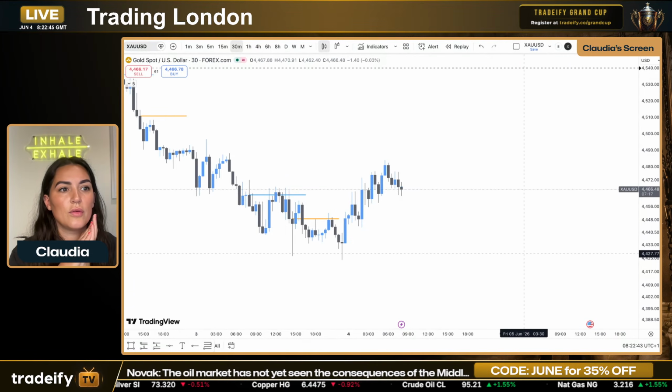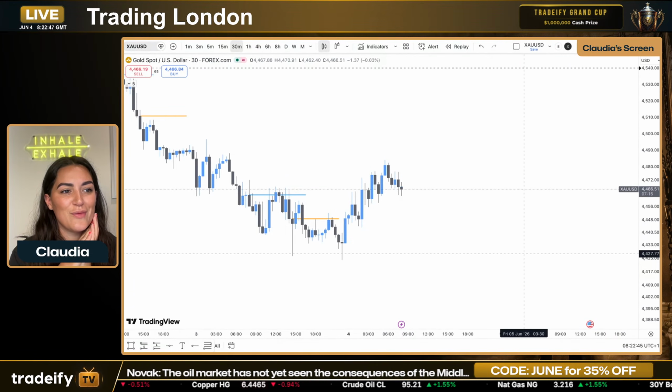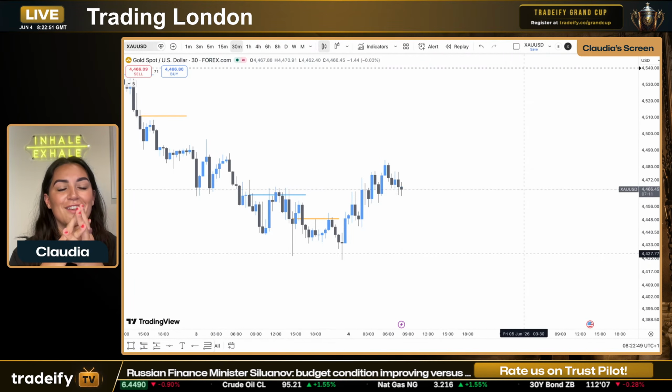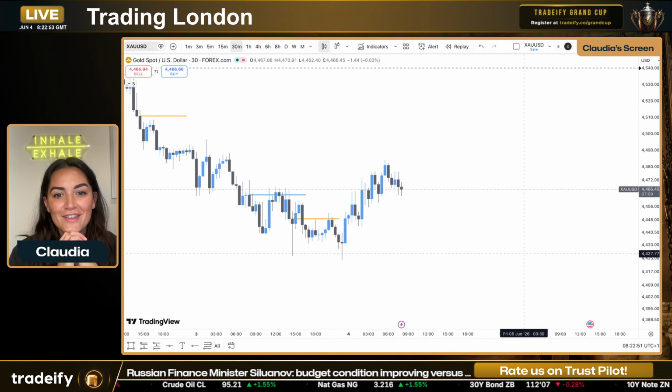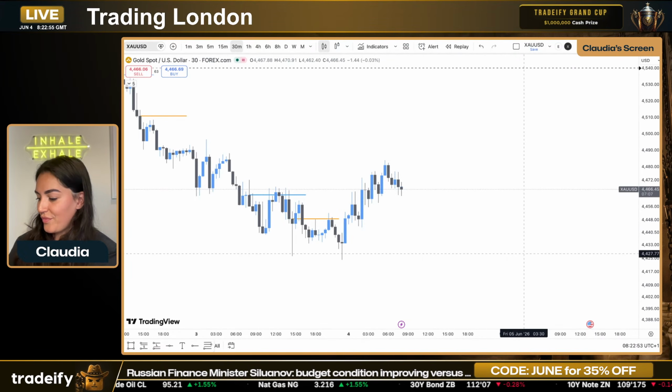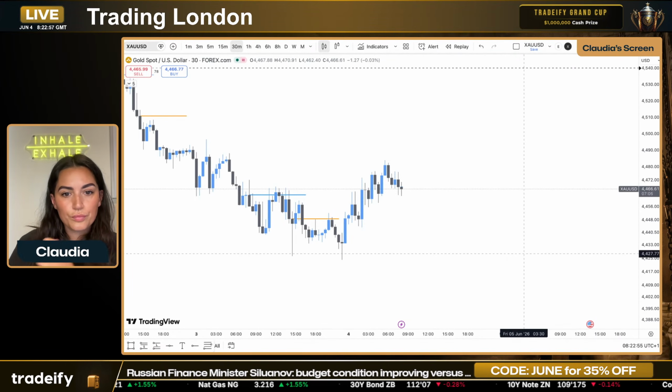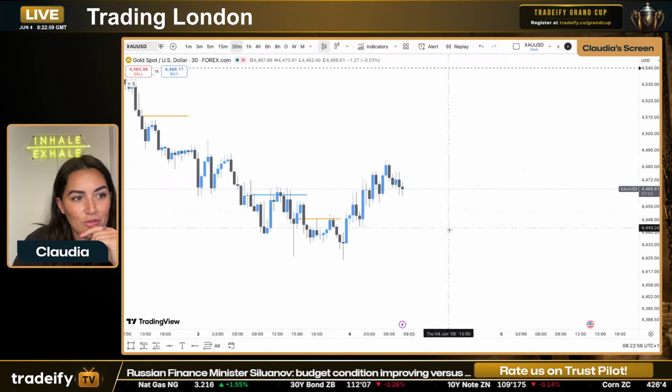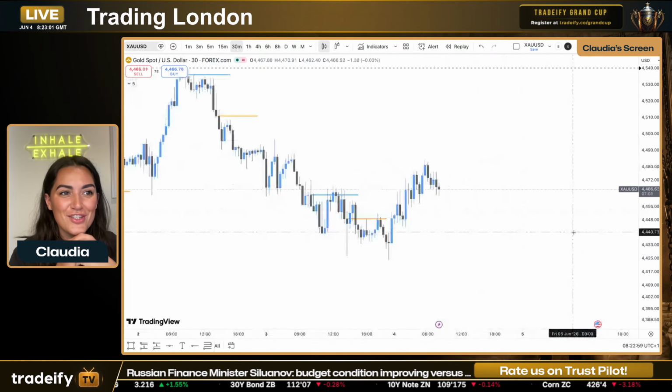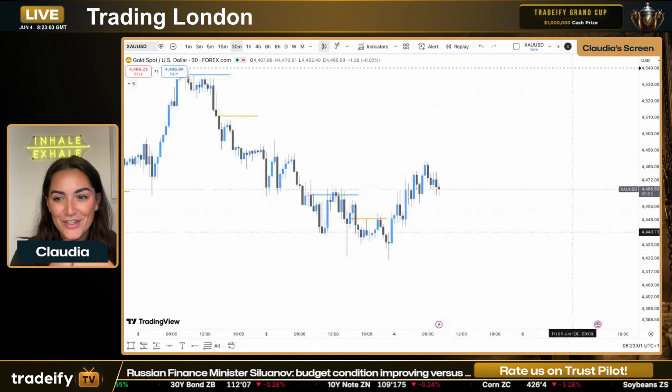I feel like it stops when I stop moving. Okay, cool. I have such a habit of moving the chart so much when I talk. I'll try.